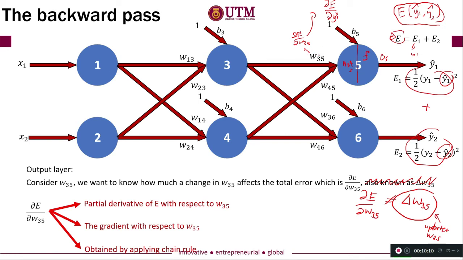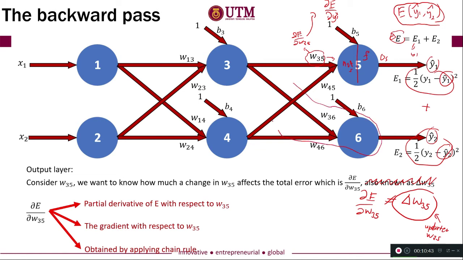Now we want to process W35, which is only involved in finding this neuron, and this neuron provides only y1 hat. However, y2 hat is only produced by this part, this direction.